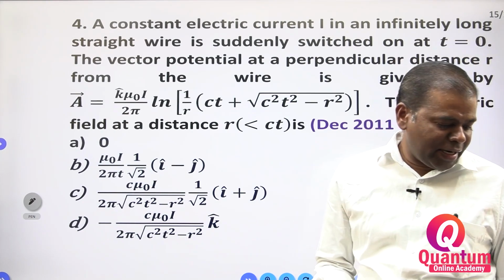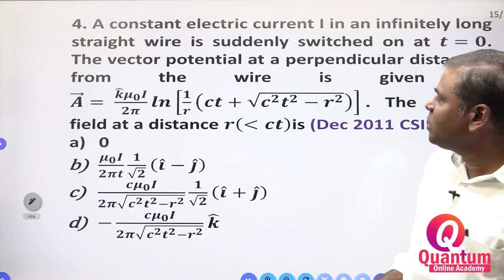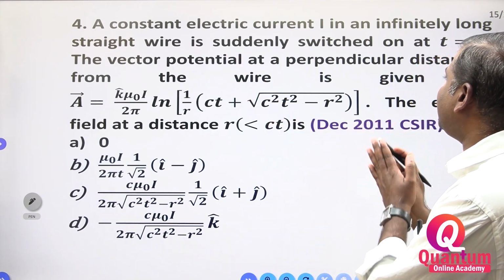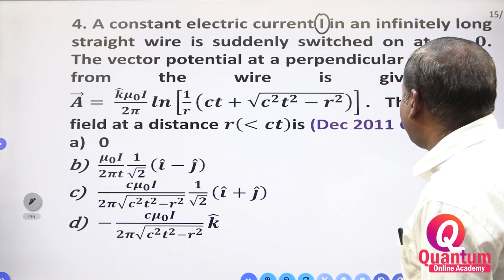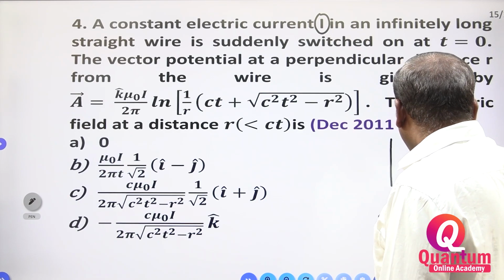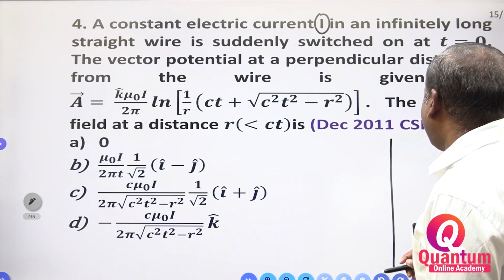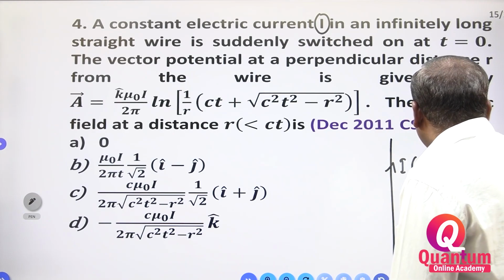Now you have to see the next question. The next question is: a constant electric current I in an infinitely long straight wire. This is an infinitely long straight wire, and a current I is going.